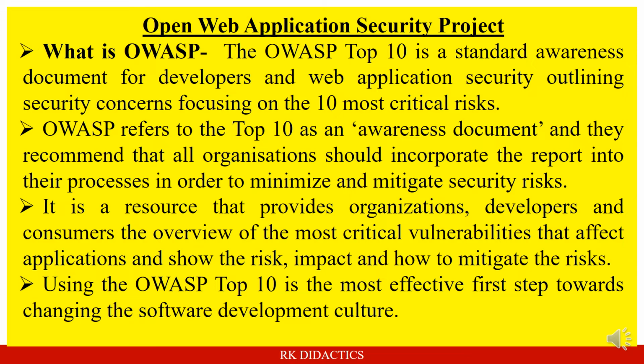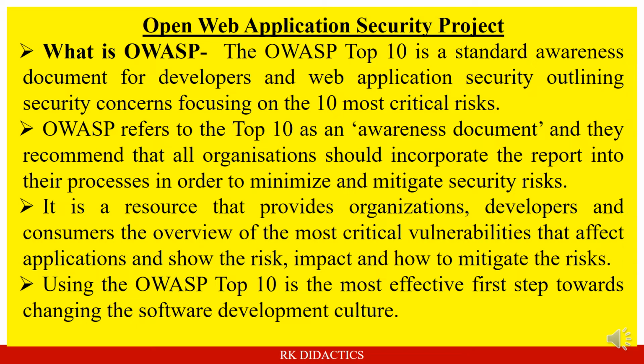OWASP refers to the Top 10 as an awareness document, and it recommends that all organizations incorporate the report into their processes in order to minimize and mitigate security risk. OWASP Top 10 is a resource that provides organizations, developers, and consumers an overview of the 10 most critical vulnerabilities or risks that affect applications.